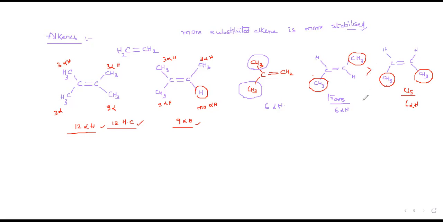Trans is more stabilized than the cis form. So this is the stability order of alkenes. I think you understood up to this part. Any remaining parts regarding this will continue in the next class. Okay. Thank you. Bye.